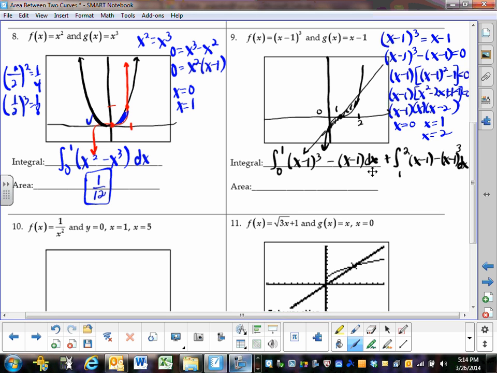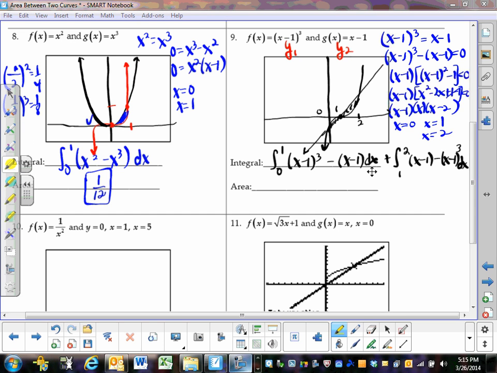This would be a good one for you to practice. Let's say putting this function into y1 and this function into y2. Now another way to do this one, if it's a calculator question, you can get away with never writing the function down at all. If it's a free response that you have to do by hand, or it's a non-calculator multiple choice, you really are going to have to write these functions in.